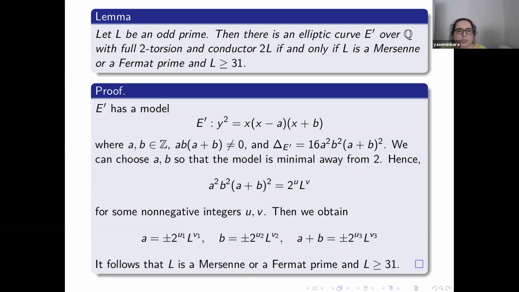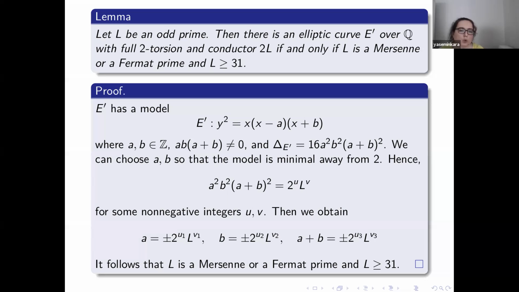So since E prime has full 2 torsion and conductor 2L, it has necessarily a model of this form, y squared is equal to x times x minus a, x plus b, with the conditions ab times a plus b is not 0, and the discriminant is given by this number there.